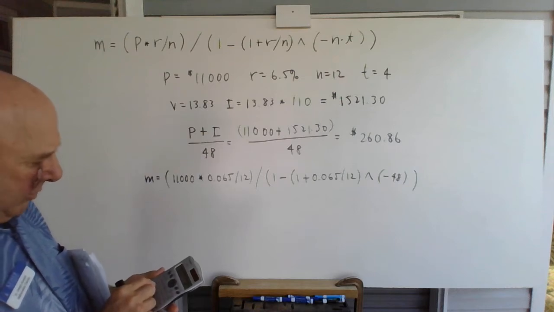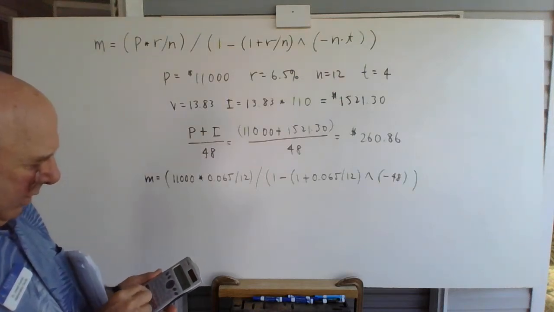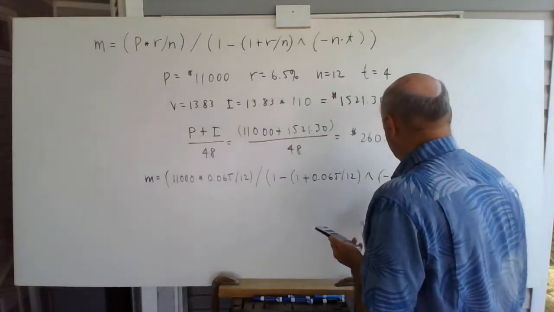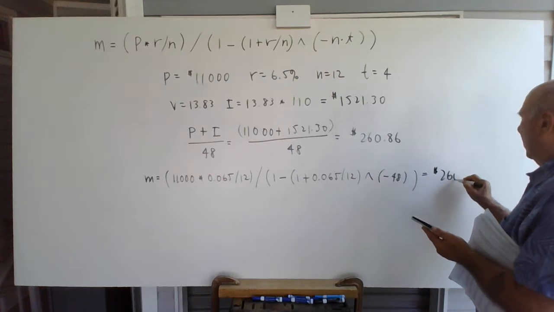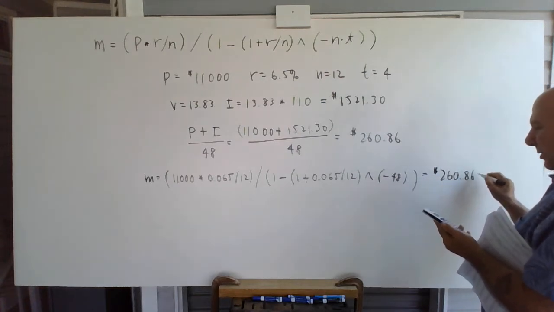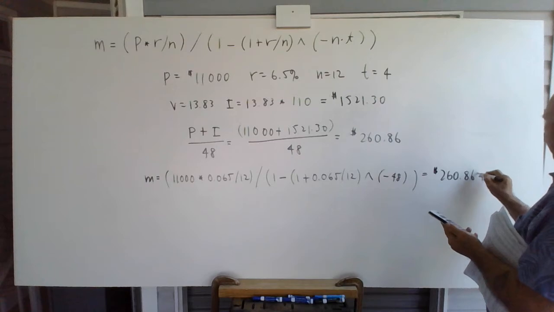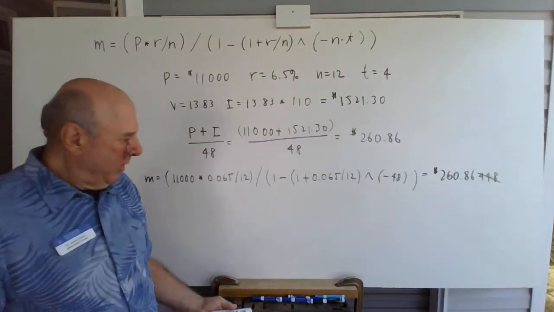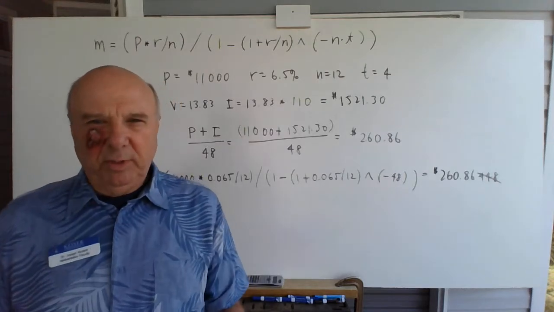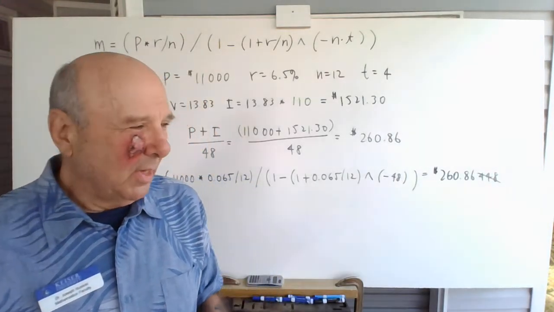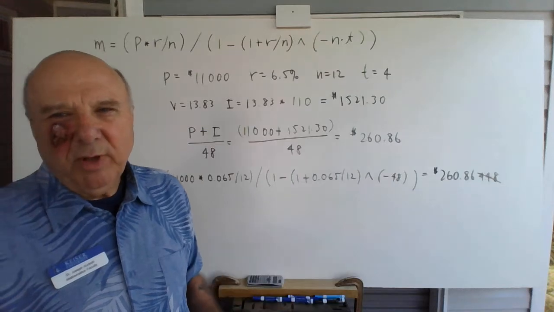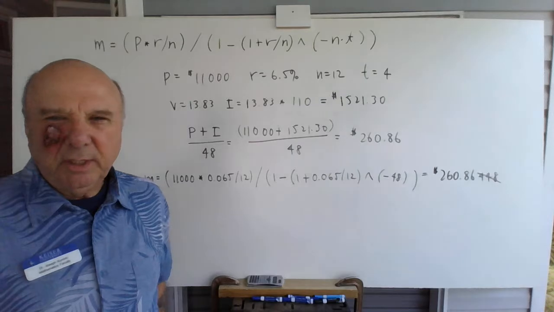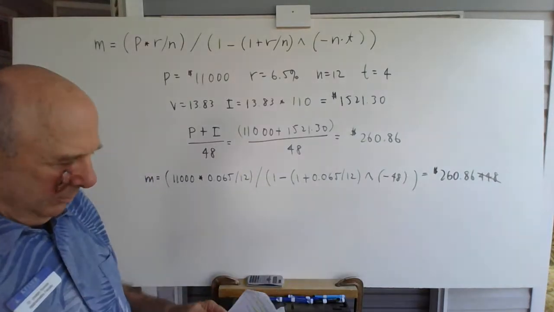I don't need the parentheses around the negative 48, so I do negative 48 right parentheses. $260.86. It's 86448, but it truncates. So you can see for this one, we got exactly the same answer. There was no 5-cent discrepancy. Maybe for smaller values it happens that way, maybe for larger values the numbers work out slightly different. But that's our monthly payment.